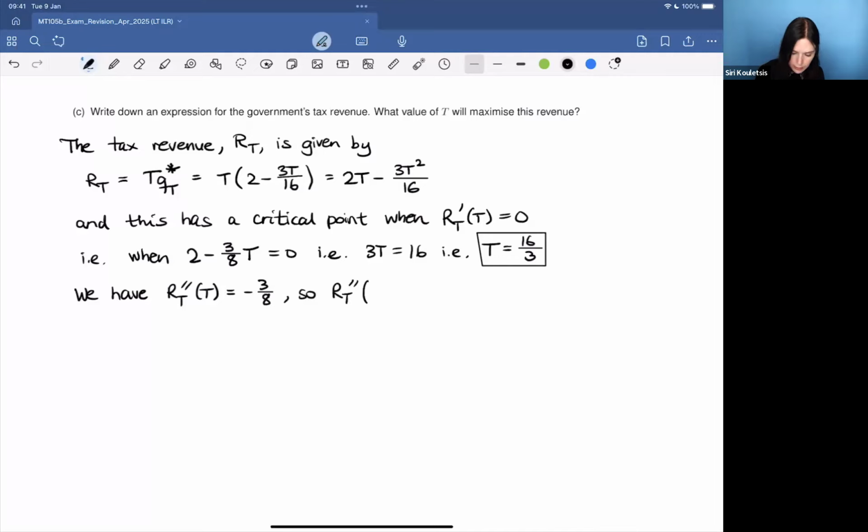And so at the critical point, it is also negative, obviously, which means that this critical point is a local maximum. And since it is the only critical point, it is clearly a global maximum.